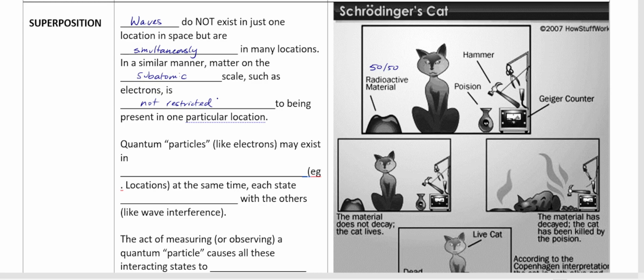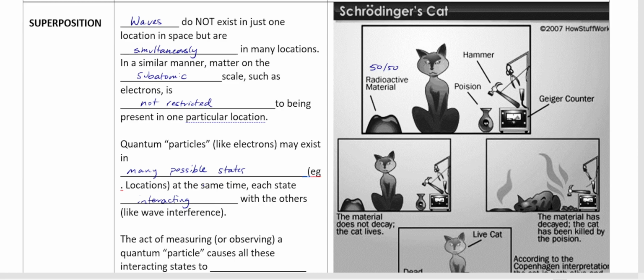Quantum particles, like electrons, may exist in many possible states. And so a state could be like a location. So a quantum particle, like an electron, can be in many places at the same time, each state interacting with each other.